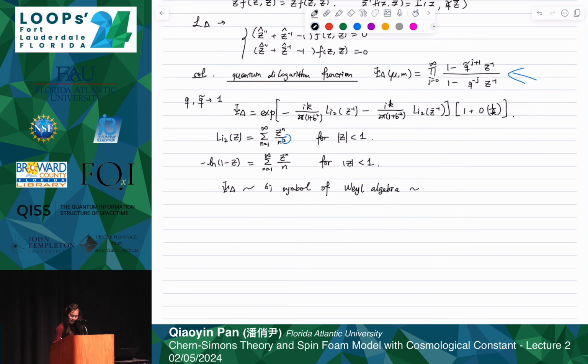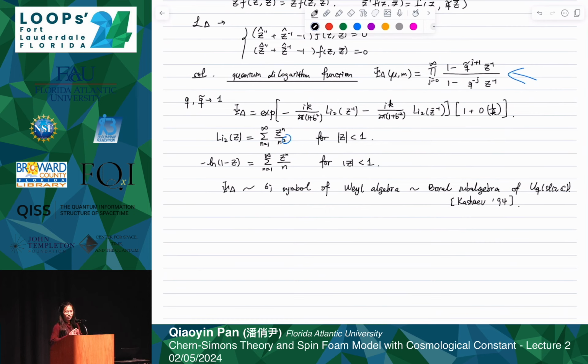And this is related to the representation of the Borel subalgebra of U_q(sl_2C). And here, U_q(sl_2C) is a quantum group. And this was discovered by Kashaev in 1994.